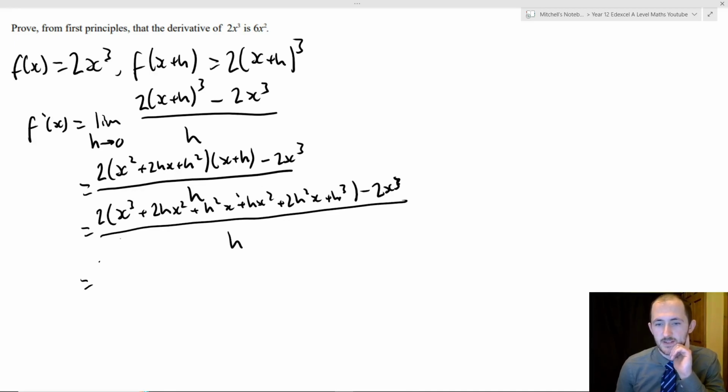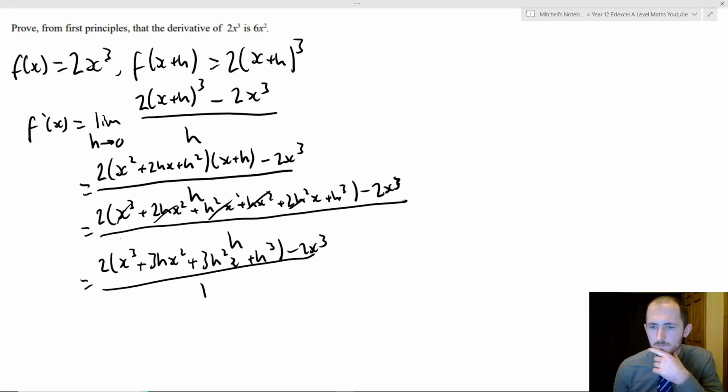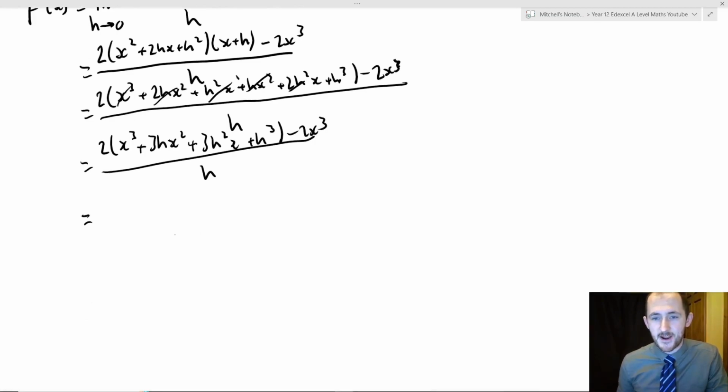Again, we're going to gather the like terms. We have x cubed, so we can cancel that one out. We have 2hx squared and hx squared, so that would be plus 3hx squared. Then we have 3h squared x, and then h cubed over h. Then we can finally expand the brackets, and we can actually cancel out the 2x cubed and the 2x cubed here.